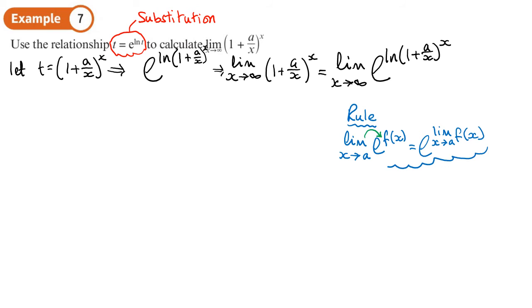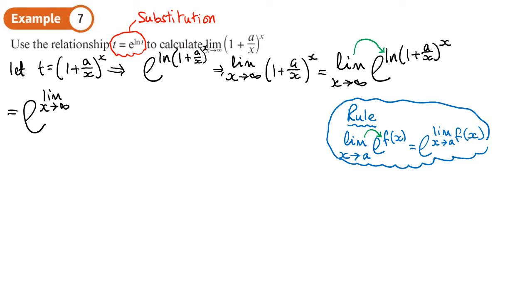So we're now going to apply that rule. We're basically going to slip in this limit and put it here. So using that rule, which we can just state without any proof, the question now becomes e to the limit as x tends to infinity of the log of 1 plus a over x to the power x.